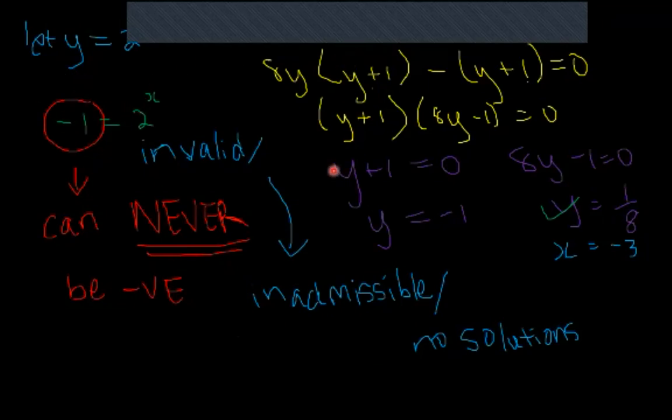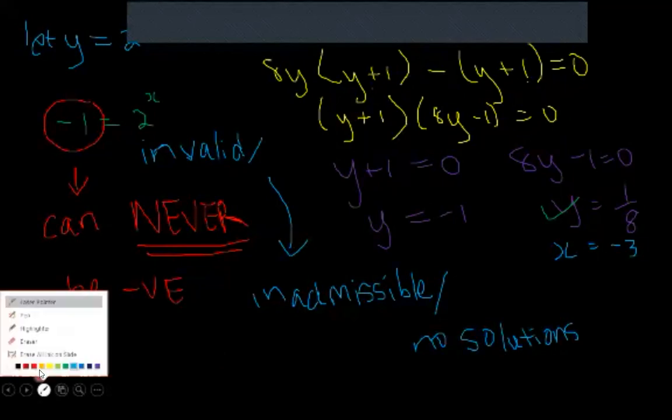That is actually not correct, because just like x is equal to minus 3 is a solution, this would also be a solution, right? You have to tell them that it's invalid. You would get a mark for saying that it's invalid. If you just say minus 1 is equal to 2 to the power of x, and leave it like that, no, you have to put invalid, inadmissible, or no solutions.